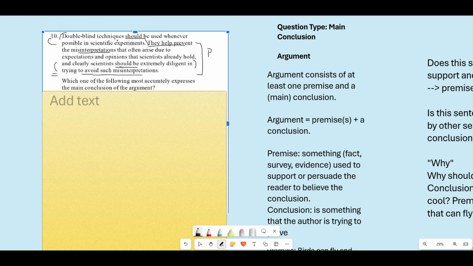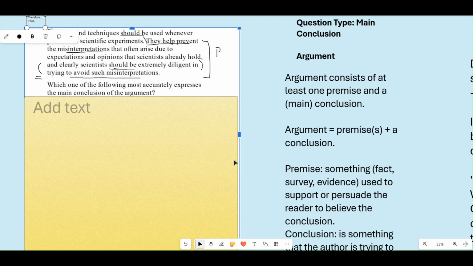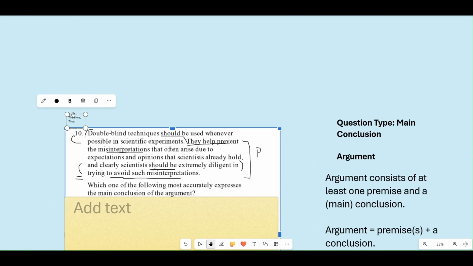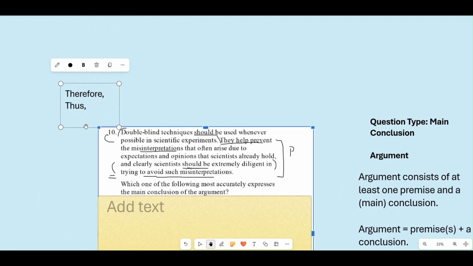It can appear in the first sentence, it can appear in the middle, it can appear everywhere. And also the LSAT test makers will try to trick you with indicator words such as "therefore," "in conclusion," "thus," these obvious indicator words. They'll say a statement and therefore XYZ.